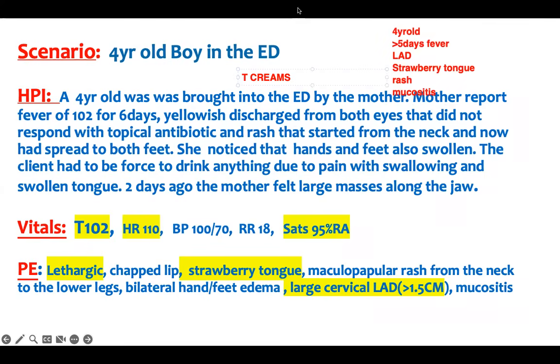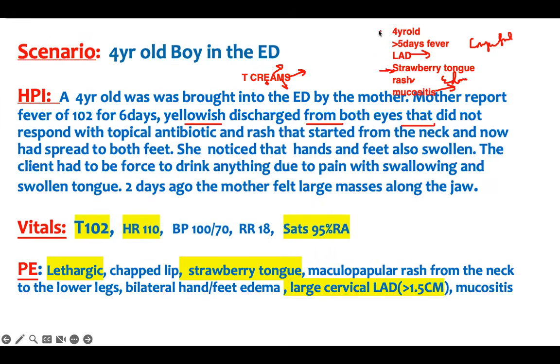There's edema of both hands, so rash and edema. A is adenopathy, lymphadenopathy. M, we have mucositis. S, we have a strawberry tongue. And the T, like I said, temperature. And C is the conjunctivitis, with the yellowish discharge from both eyes, as the mnemonic describes.